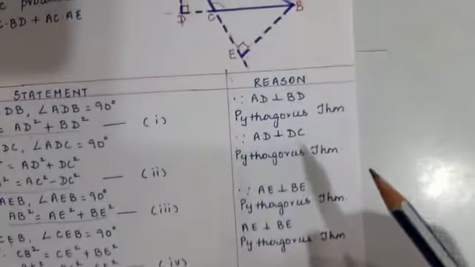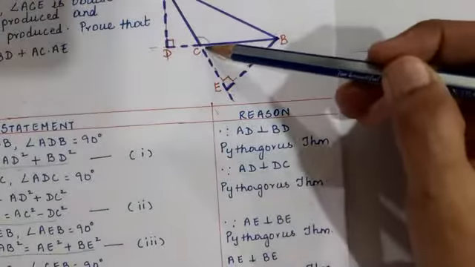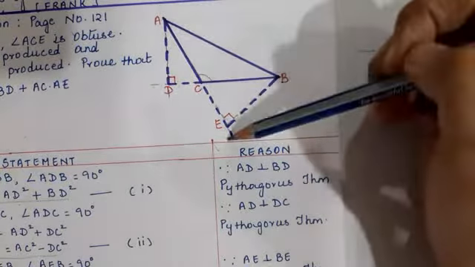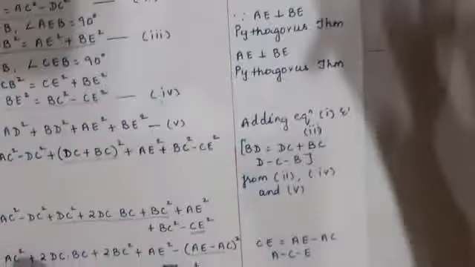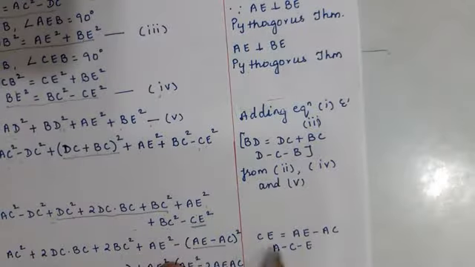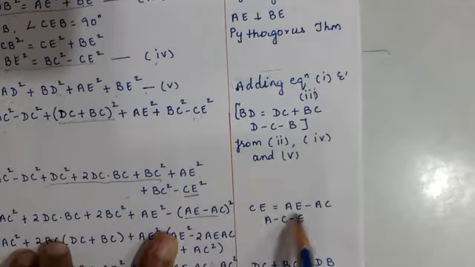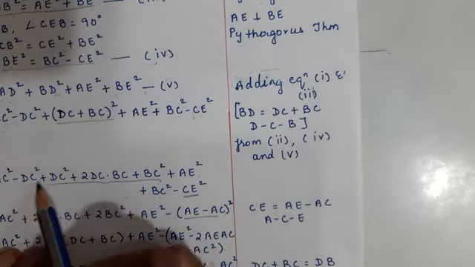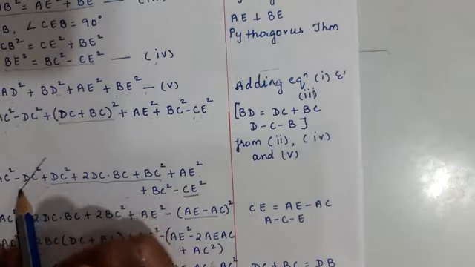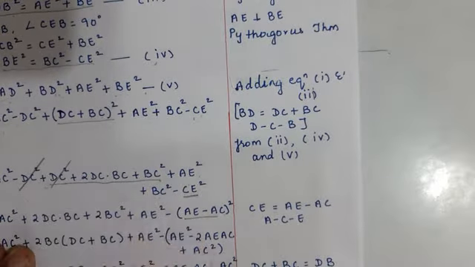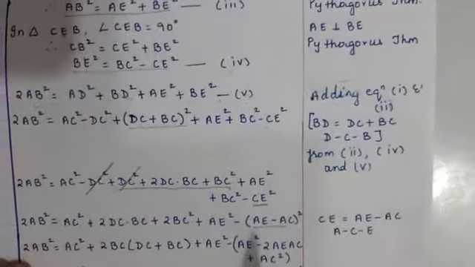I'll show you the figure here. So I replaced CE with AE minus AC. You can mention that in the reason column. And also if you notice here, minus DC square and plus DC square will get cancelled.